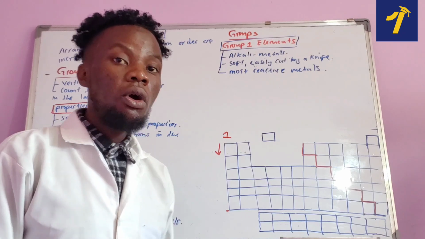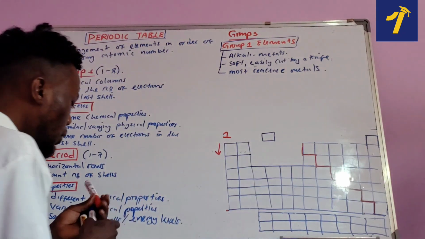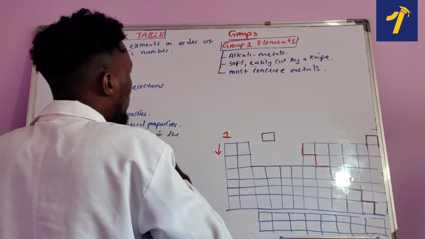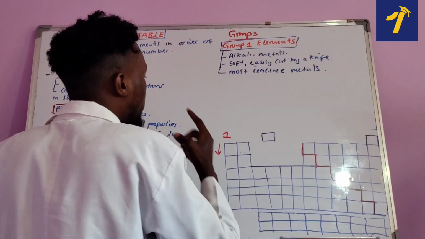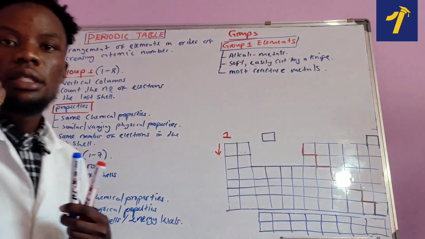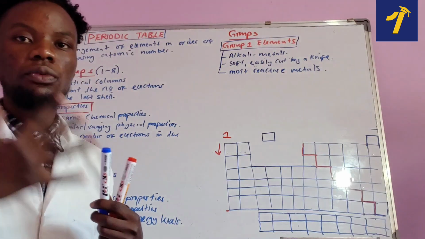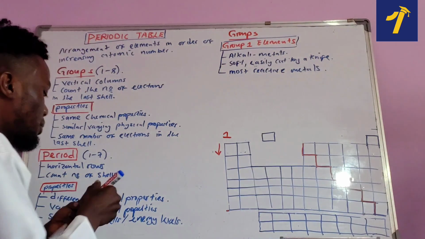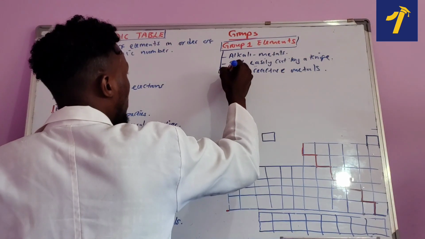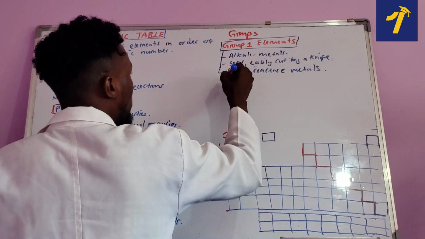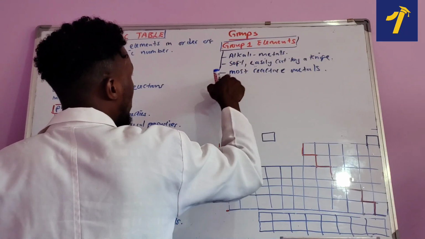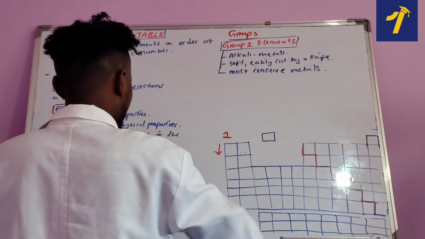Now, for group 1 elements, how do you know that this element is faster, is very reactive compared to this element in the same group? Okay, so in the same group, how do you know? So reactivity, I'm going to use red here.